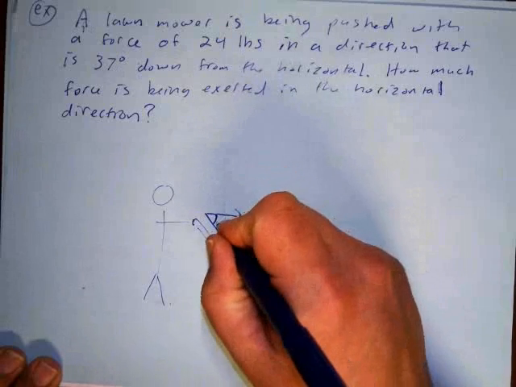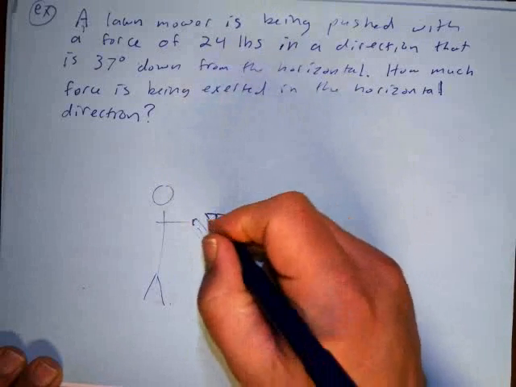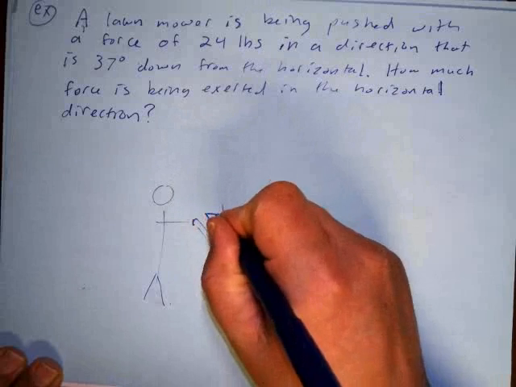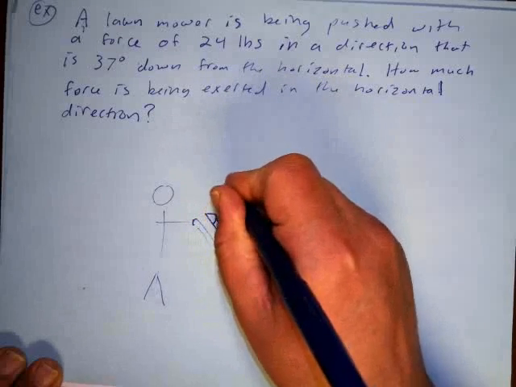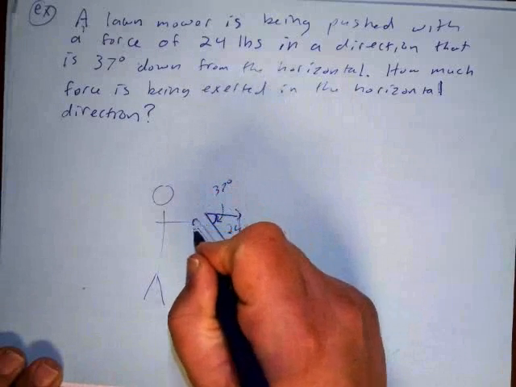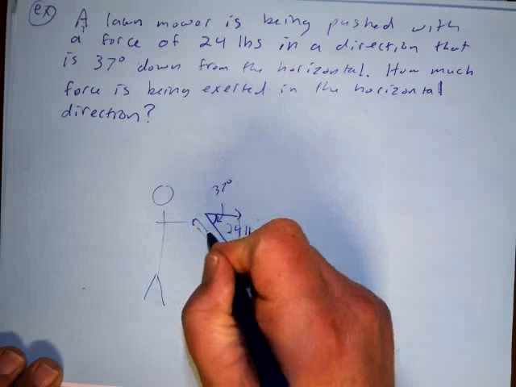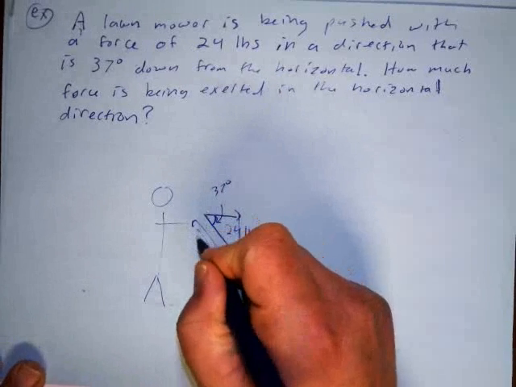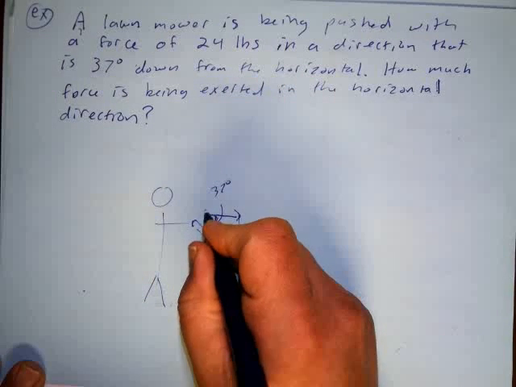I'll go ahead and use this theta. The theta is 37 degrees, so this angle is 37 degrees. If I use this angle, like the one with a unit circle, that would be okay too.